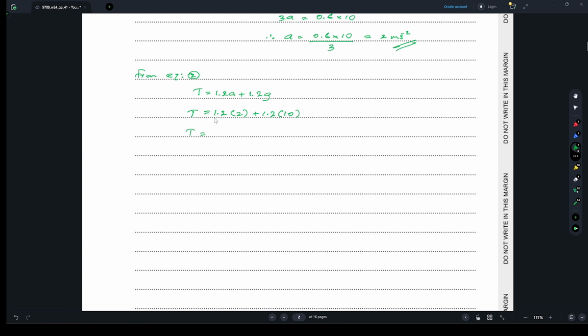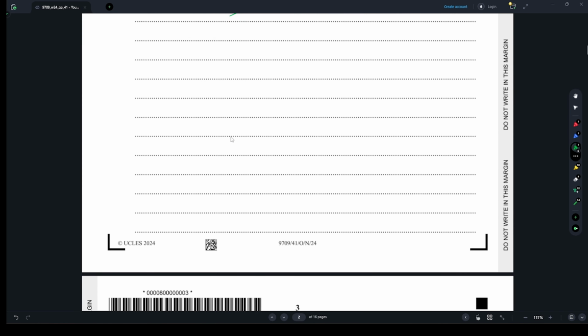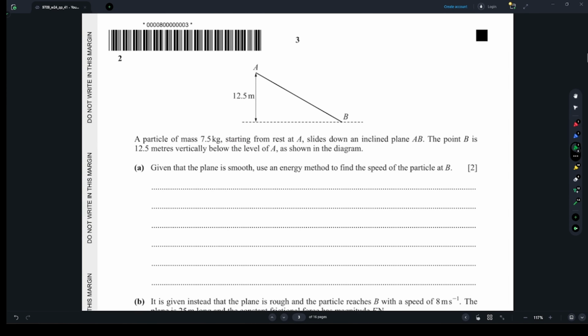So the total is 14.4 newtons. Okay, done. So we have to keep it in 3 significant figures, and yes, 14.4 is in 3 significant figures. Okay, right. Now let's move to the second question.